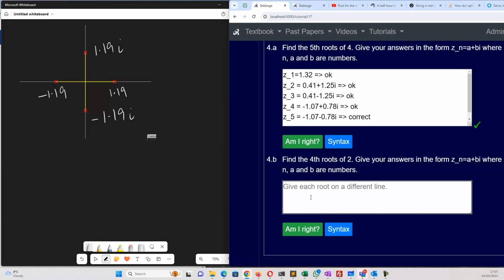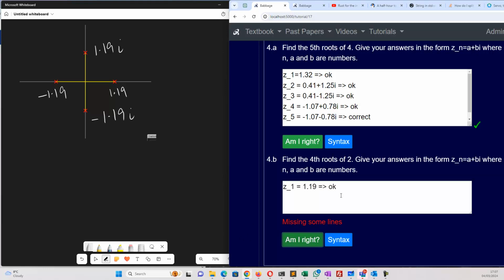What we're going to say is Z1 is equal to 1.19. Are we right? Yep, we are. Z2, and Babbage doesn't mind which you call Z1, Z2 and so on. This is going to equal 1.19i. Are we right?